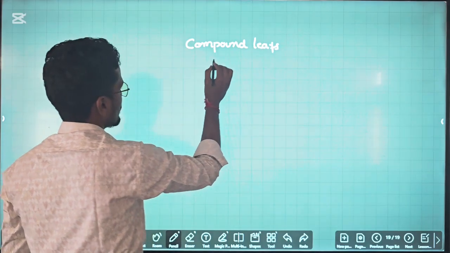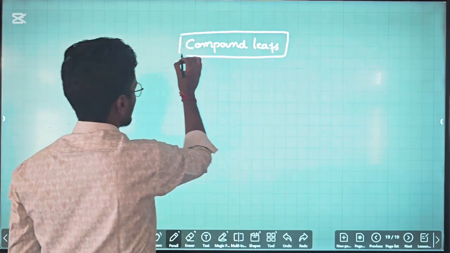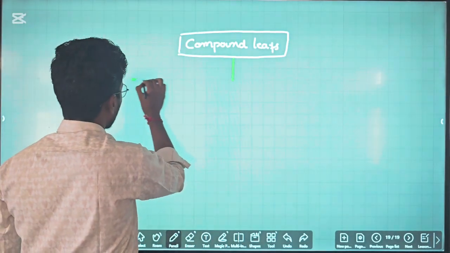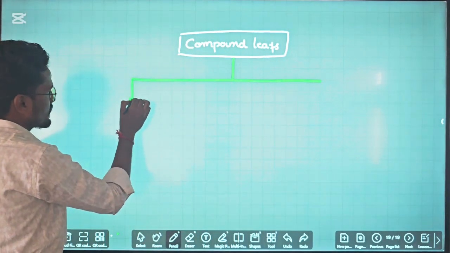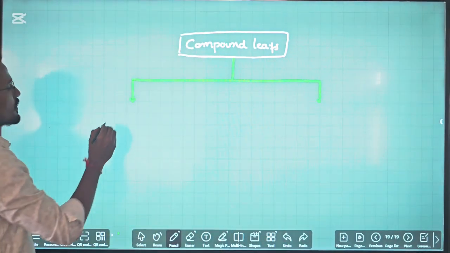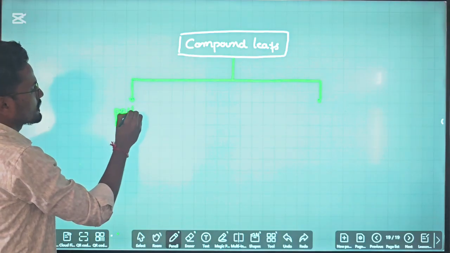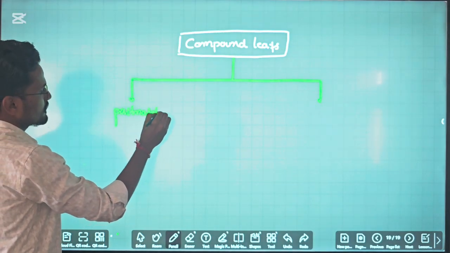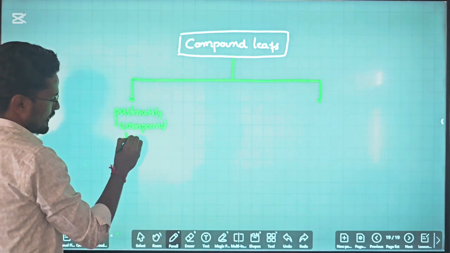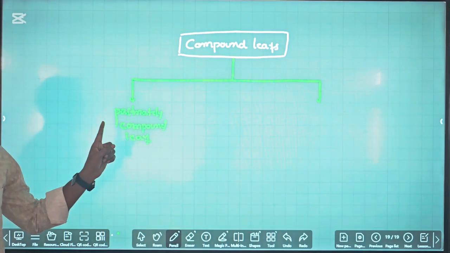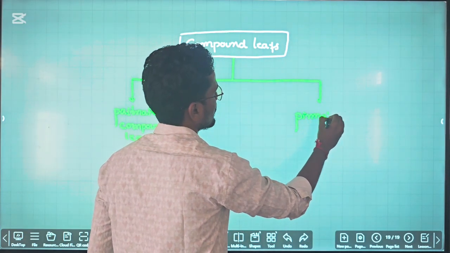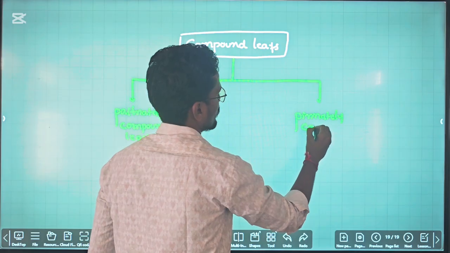One is the palmately compound leaf. Another one is the pinnately compound leaf.